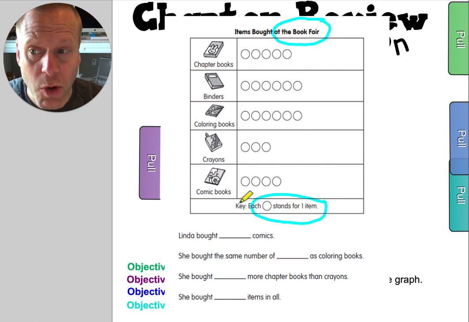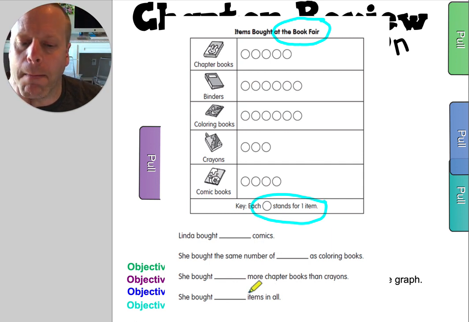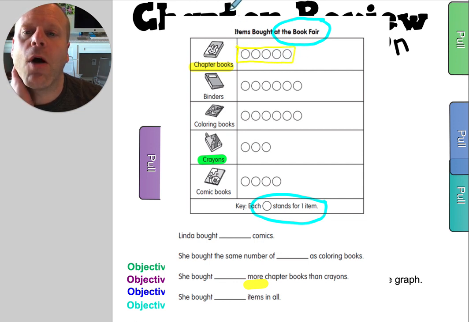But the question I want you to focus in on is the one that asks you about more, right? Here we're comparing chapter books to crayons. They want us to think about these two a little bit and figure out which one is bigger and how much bigger it is.